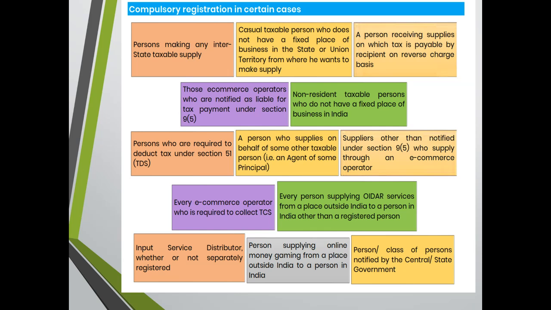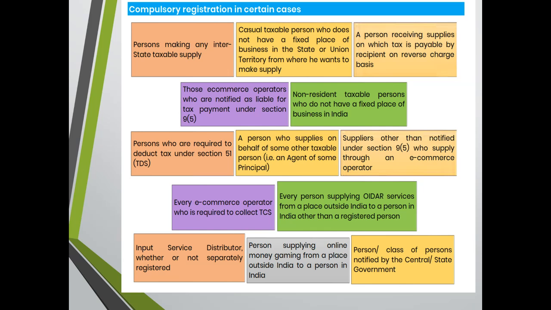Then if you are an electronic commerce operator, you have to collect TCS, other than that 9(5) mechanism. So those persons also would be required to get registration. So in short, every electronic commerce operator would be required to get registered.